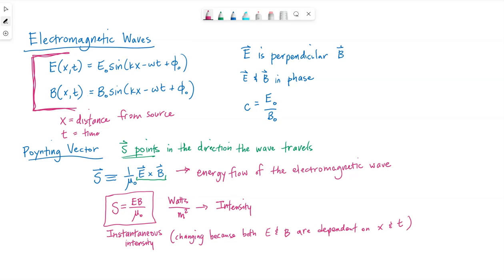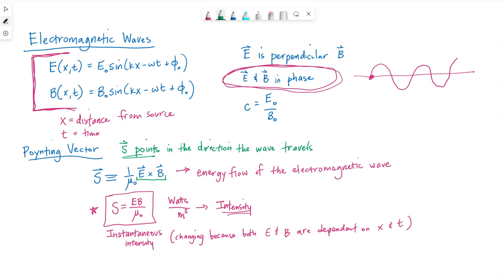So for example, if we think up in this list of things we know about our electric and magnetic field portions, E and B are in phase. If we think about a sinusoidal function, there's moments in time where both of them are zero. If the electric field and magnetic field are both zero, then our equation down here for the Poynting vector tells us that we're talking about an intensity of zero at that moment in time. Which, when we talk about intensities of waves, we're talking about an average intensity.